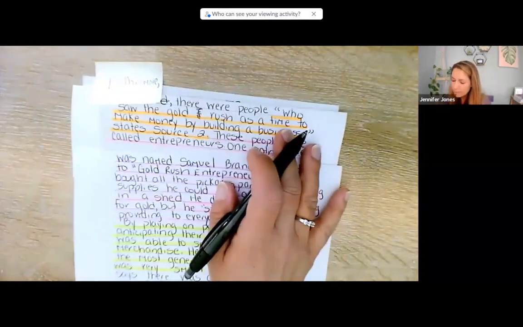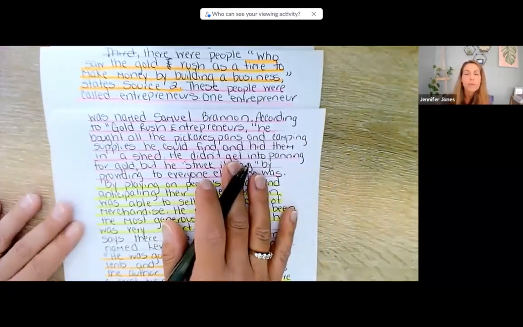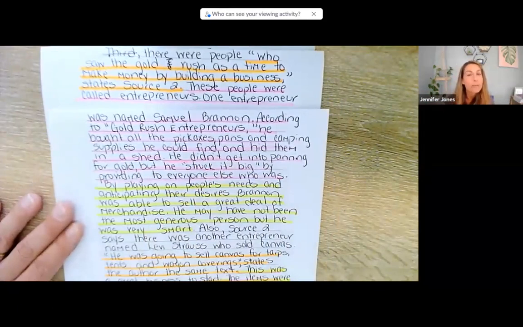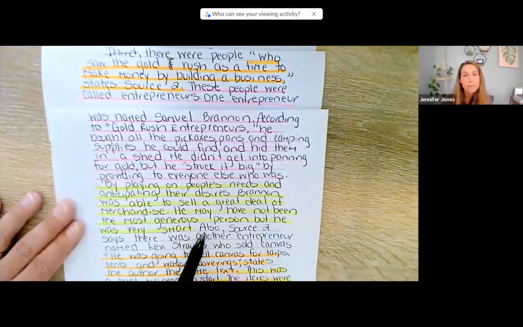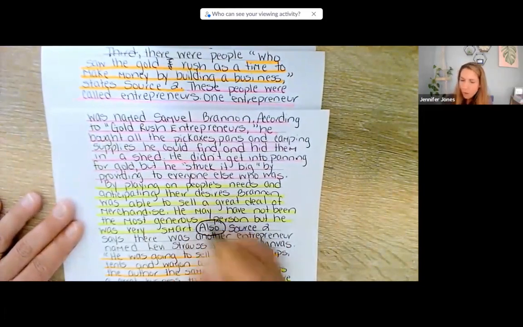I'm going to look back to my T3 paragraph. And I'm going to look and see, when I went from my A subtopic to my B subtopic, did I use a transition within the paragraph? So here's A and here's B. So this is the very beginning of my B sentence, and I use the word also.